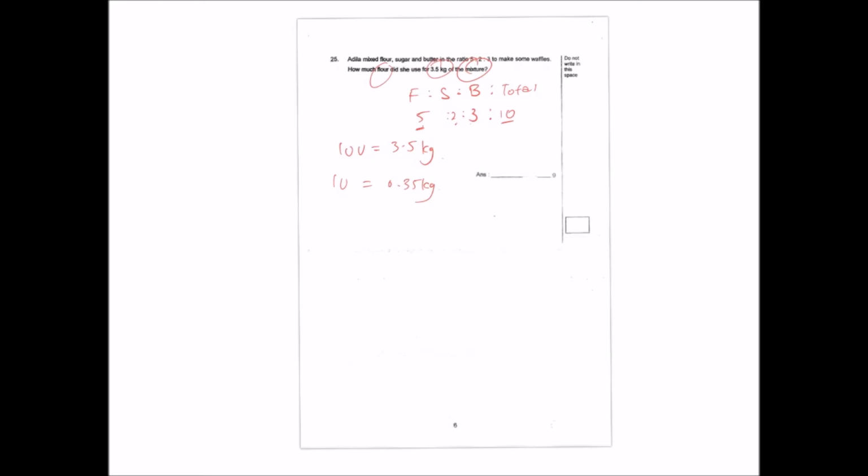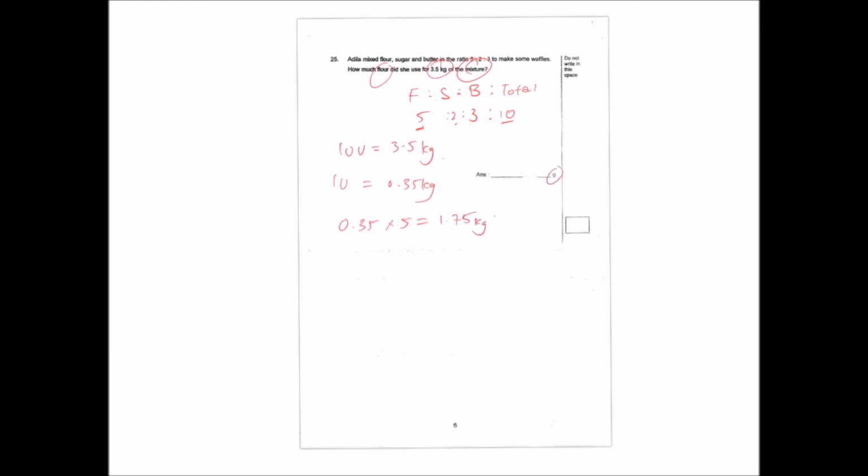And then we will take that times the flour, which is 5. So 0.35 times 5, which will have 1.75 kilogram.